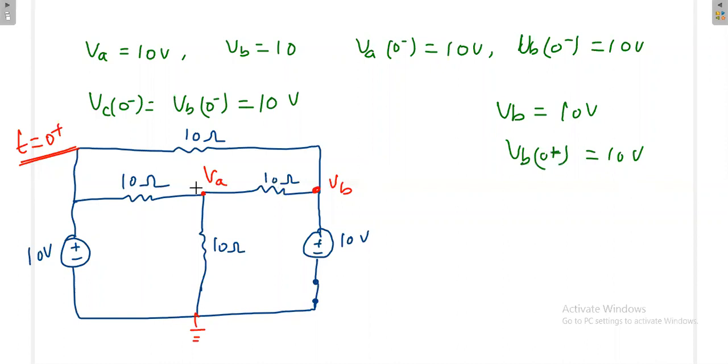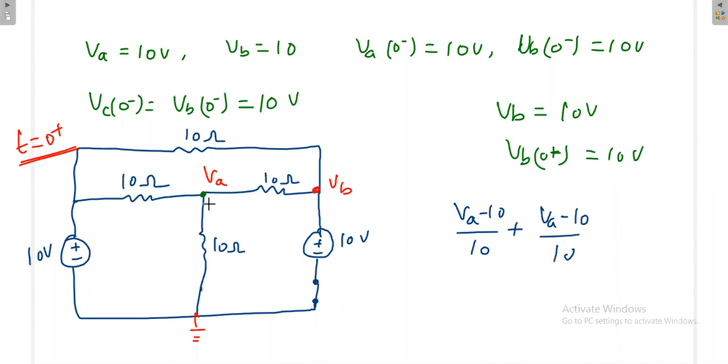Then you apply the nodal equation at this point. This side, VA minus 10 divided by 10. Again, this side also VA minus VB, but VB in this case is 10, that means VA minus 10 divided by 10.